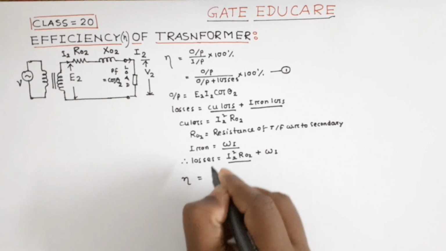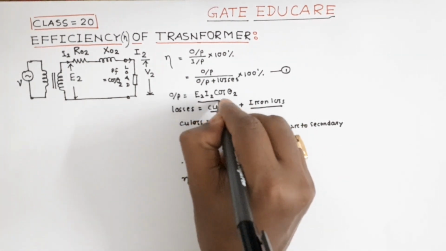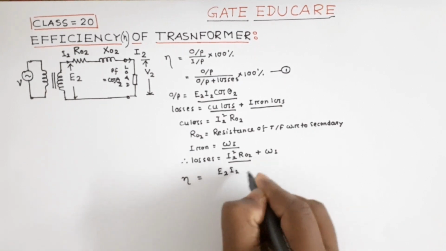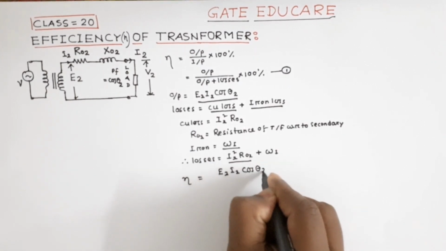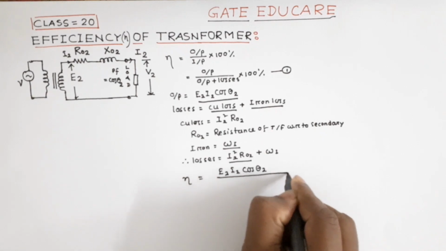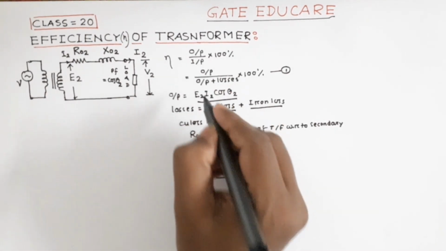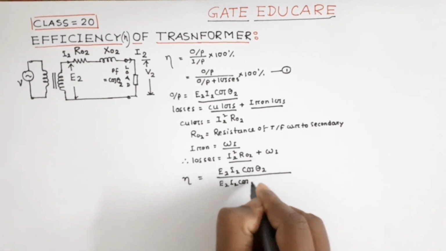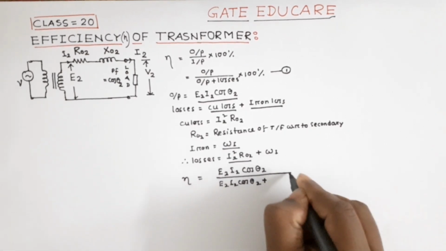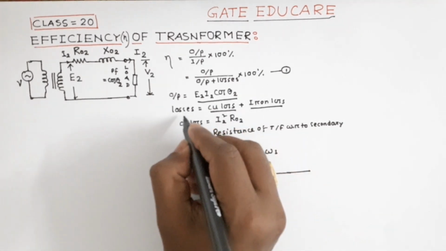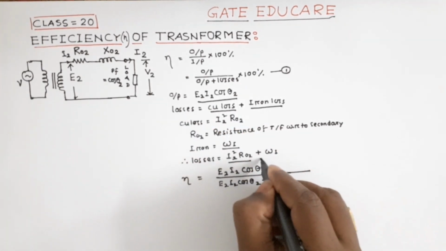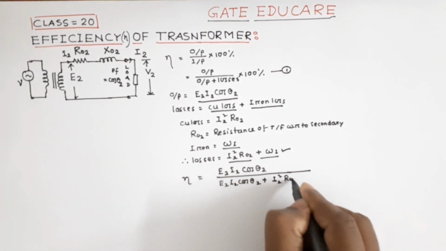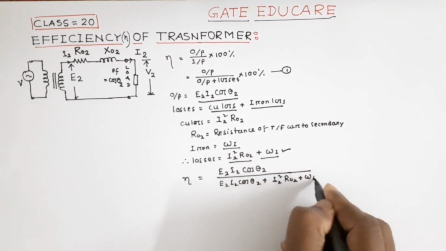efficiency is given by the transformer output, E2 I2 cos theta 2, divided by again the output E2 I2 cos theta 2 plus the total losses, I2 square R02 plus Wi.